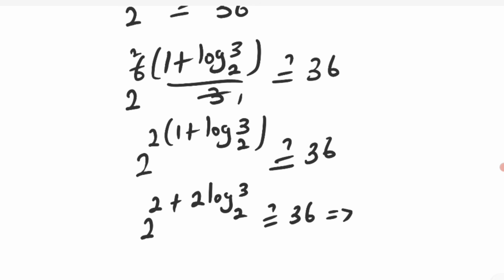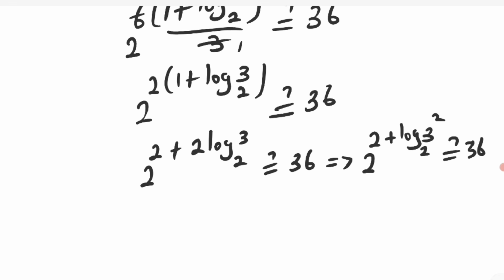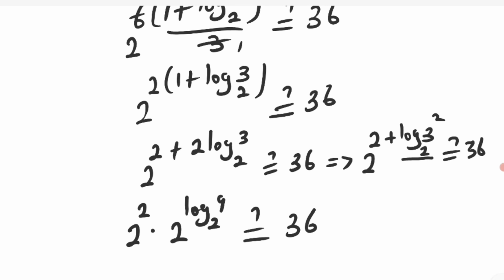This is the same thing as 2 raised to power 2 plus log 3 squared base 2 must be equal to 36. Then this is 2 raised to power 2 multiplied by 2 raised to power log 9 base 2 must be equal to 36.